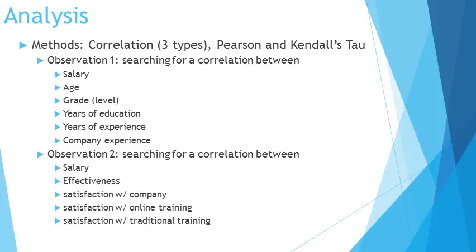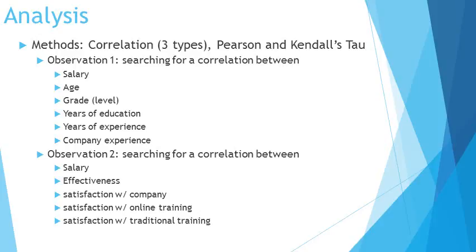In method number 3, we'll do a correlation. We'll do 3 different types, and we'll do the Pearson and the Kendall's Tau. Again, the Kendall's Tau is a non-parametric test for ranked data. So in that, we're going to compare the proportion of concordant to discordant pairs.